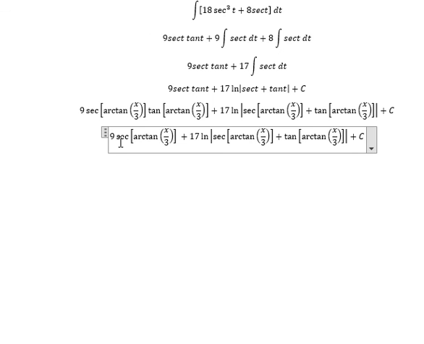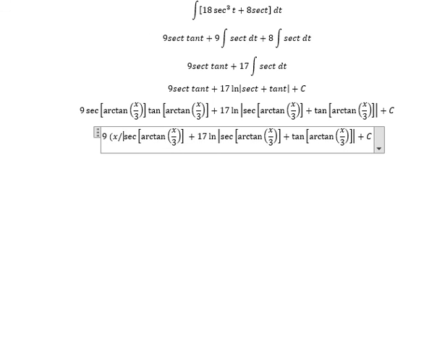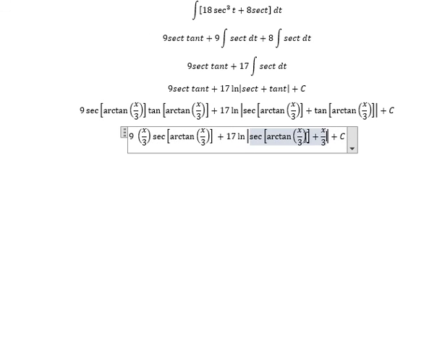So we know that tan with arctan, you get s over 3. Similar for this one. Number 9 divided by 3, you get 3s.